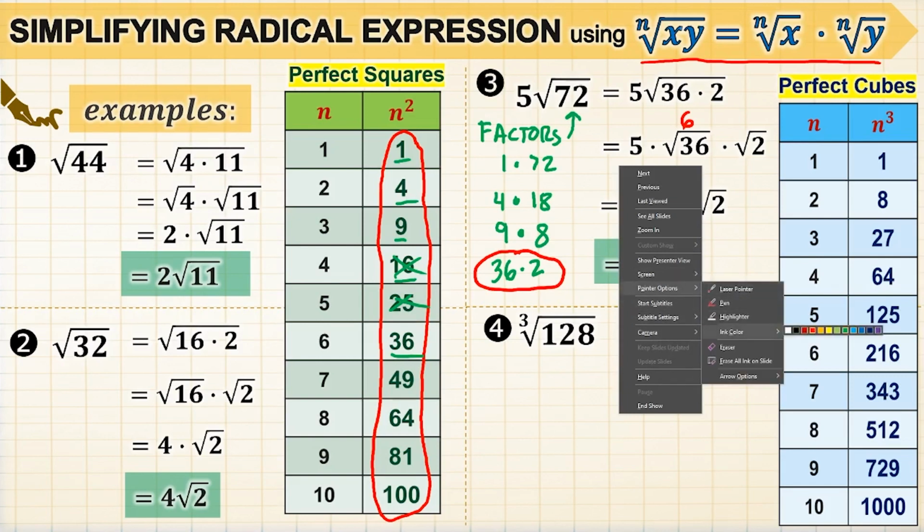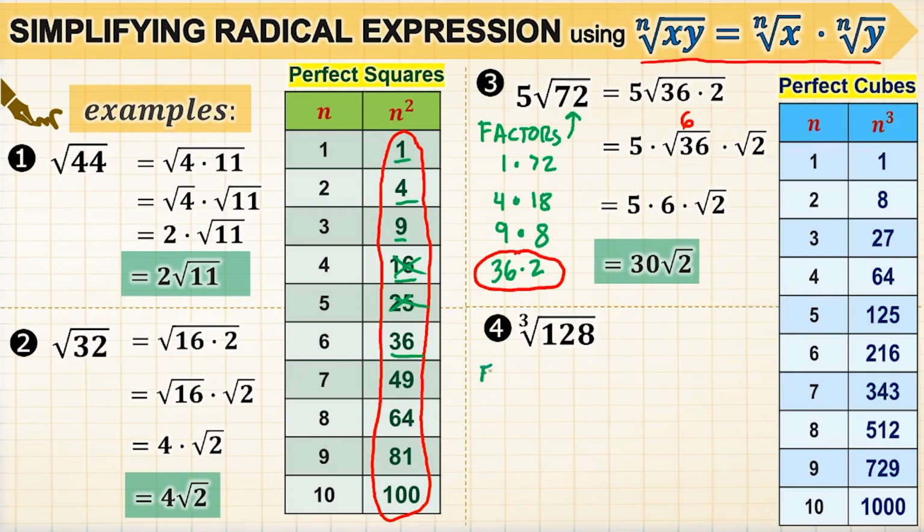Ayan, so what are the factors of 128 na dapat yung isa ay perfect cube? So, dito ka na ngayon titingin sa mga perfect cube. So, let's start with 1 times 128, di ba? And then, after nyan, okay na tayo kay 1, sunod natin kay 8.